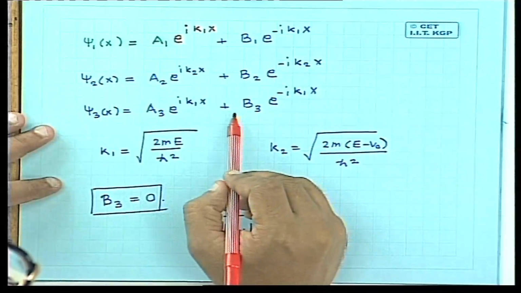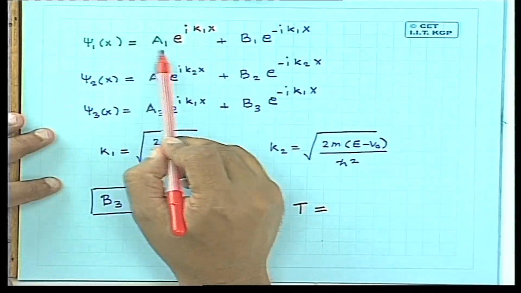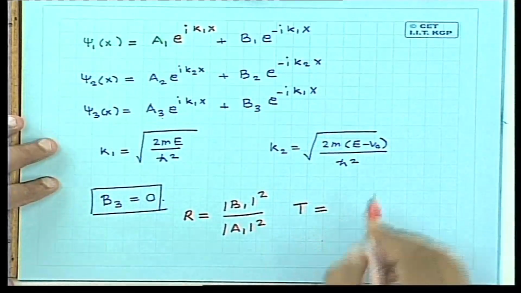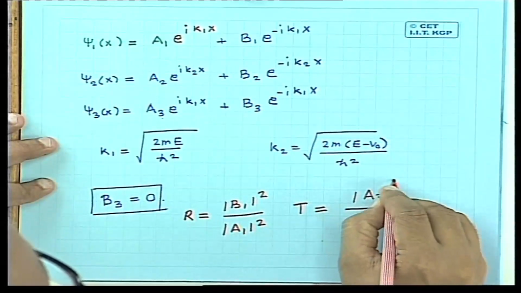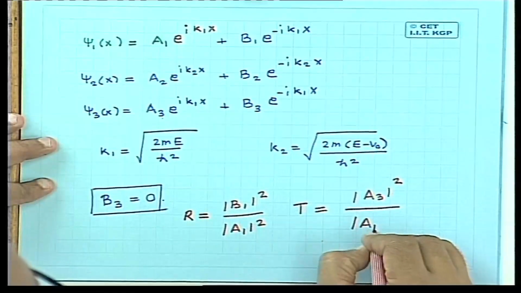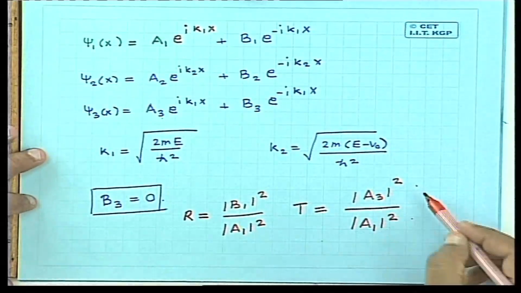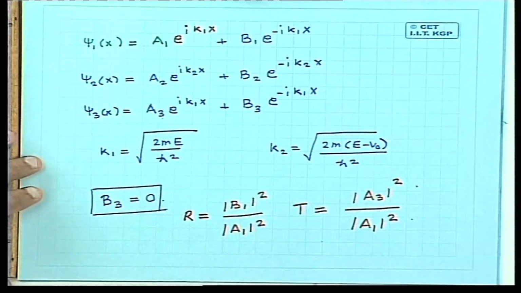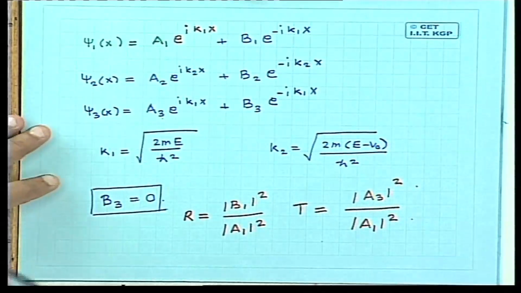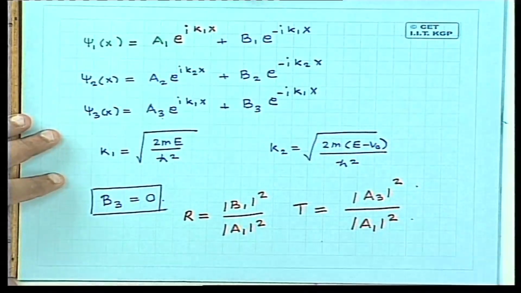A3 is the transmitted wave, A3 e to the power i k1x, and this is the incident wave. So the ratio of these two currents will be |A3|^2 by |A1|^2. The wave numbers in regions 1 and 3 are the same, so that cancels out. So we want to find the ratio of B1 to A1 and A3 to A1.